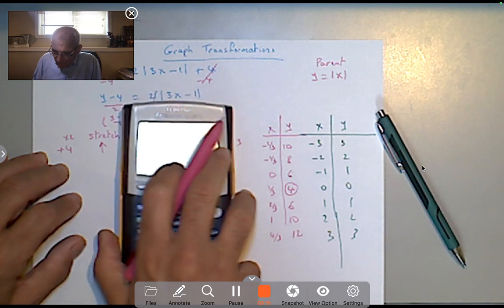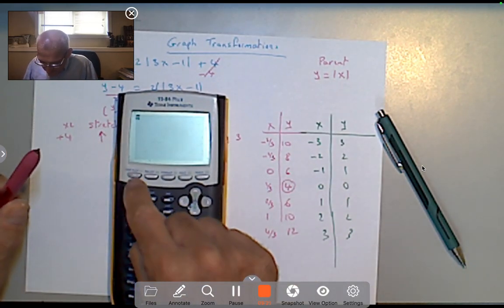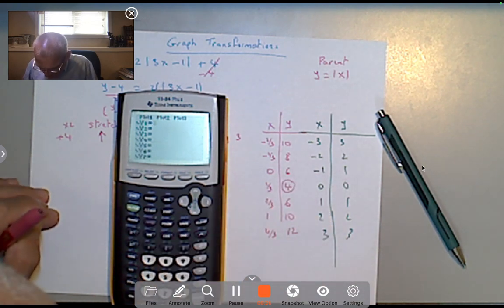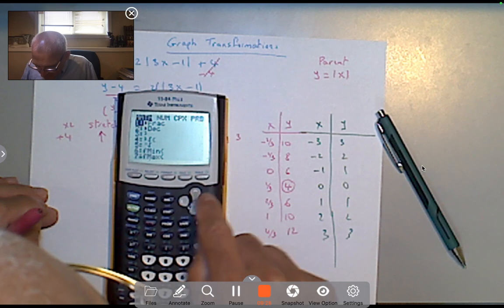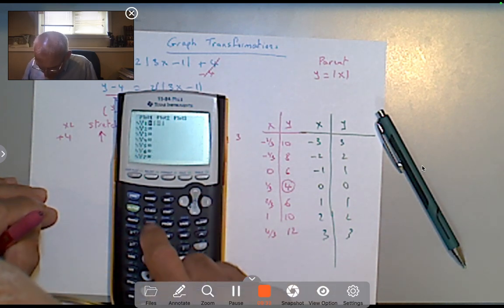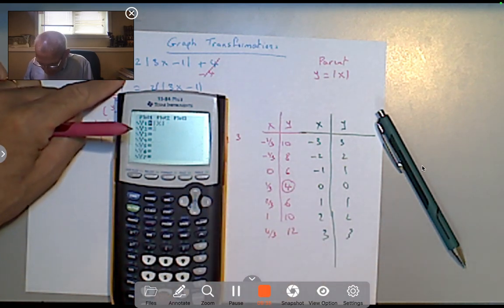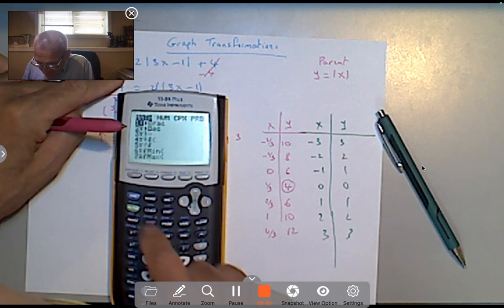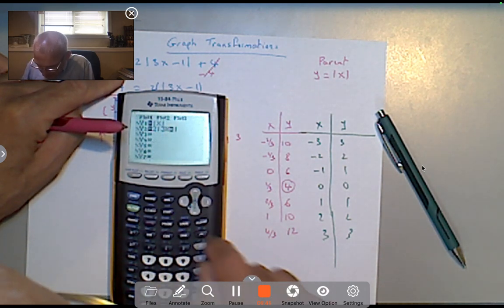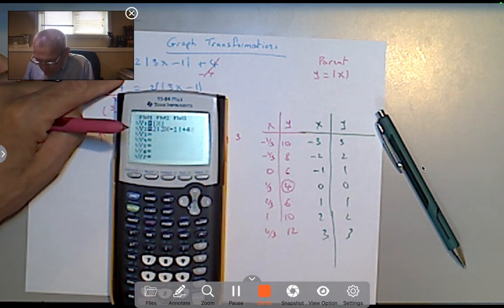Again, let's do like we always do. Plot these two functions. Oops. So the first one is y equals absolute value. So I have to go to math and take, I think here is the absolute value of x, and then I go down to y2, math, absolute value of 3x minus 1, and then go out and do plus 4.